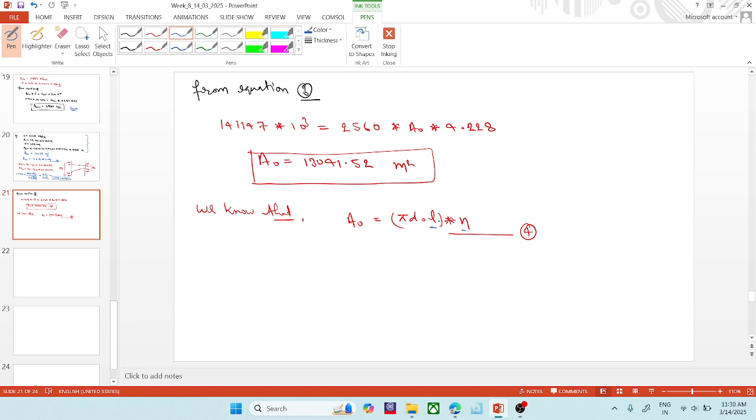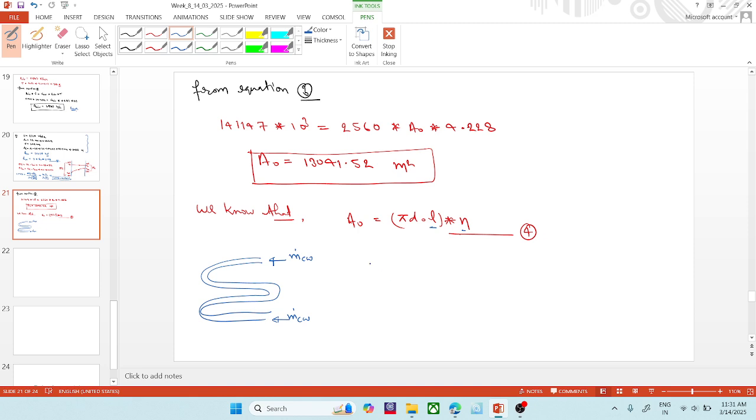So I need to use another formula here for the cooling water, like this is my cooling water circulating here. m dot cooling water.